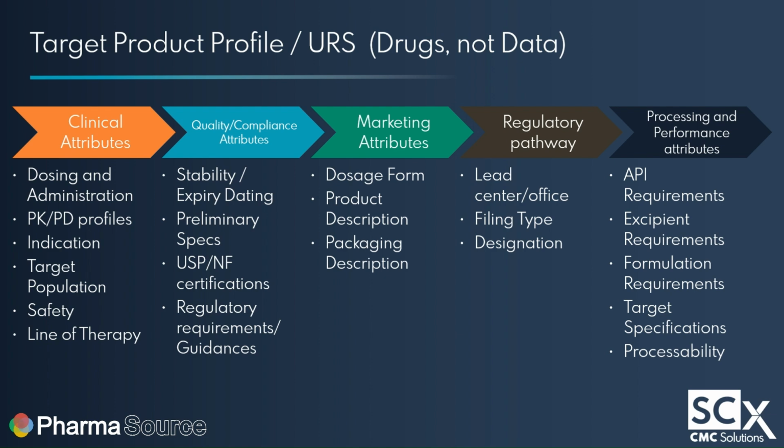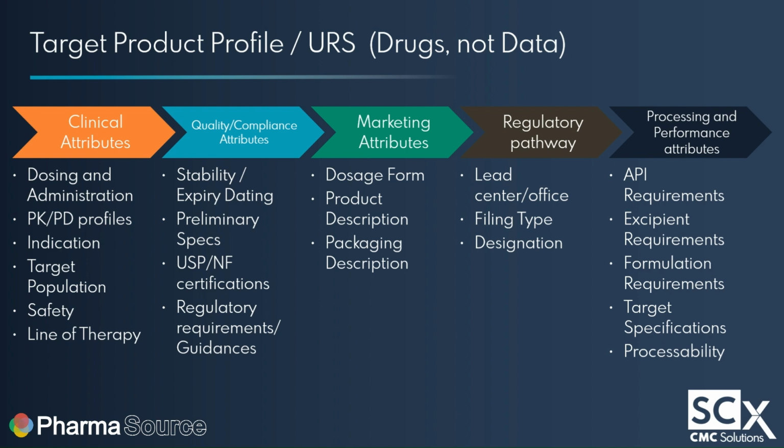So in my opinion, you need to have everybody sitting at the table to have a fulsome discussion on the target product profile. In other words, what each discipline requires from the drug product in its characteristics, description, or performance in order to meet the requirements for that discipline. What are those disciplines? Here's an example.